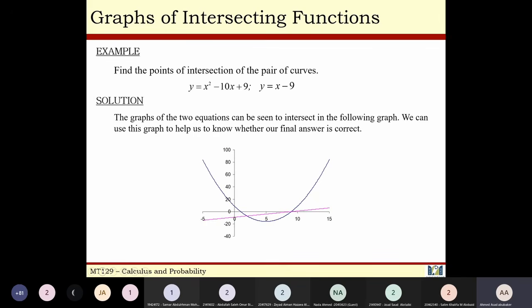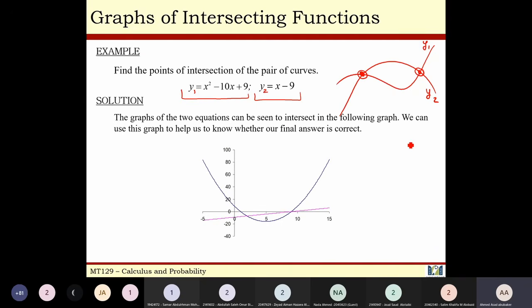Now, if we have two functions, for example, this is the first function y1, and this is the second function y2, and we need to find the intersection point. For example, if we have this function and this function, the intersection point means this one. This is the intersection point between y1 and y2.